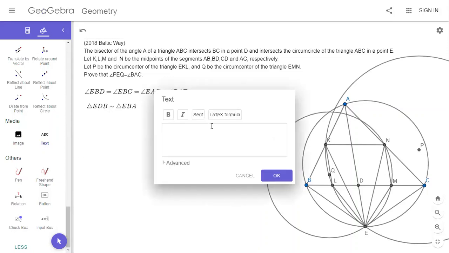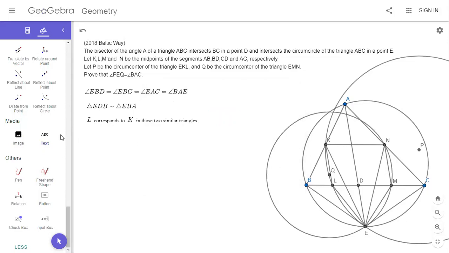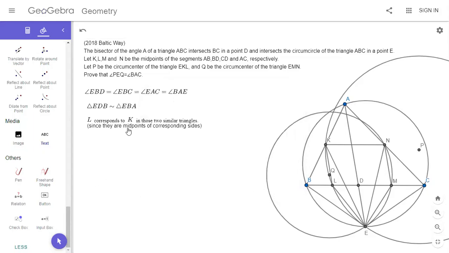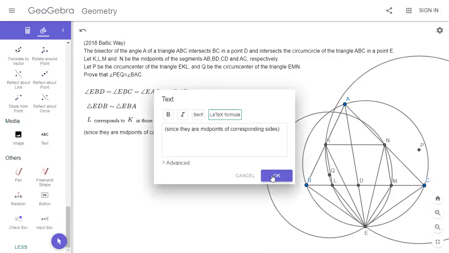And then L corresponds to K in those two similar triangles, since they are midpoints of corresponding sides. And so, let me check it.